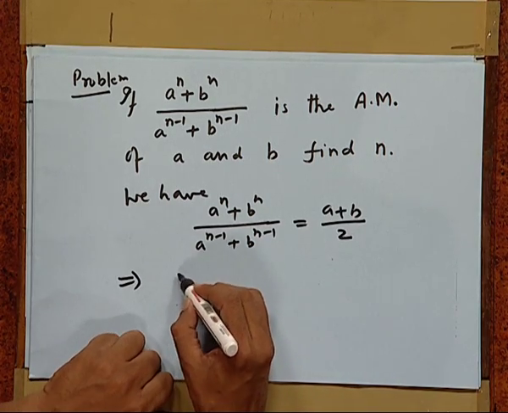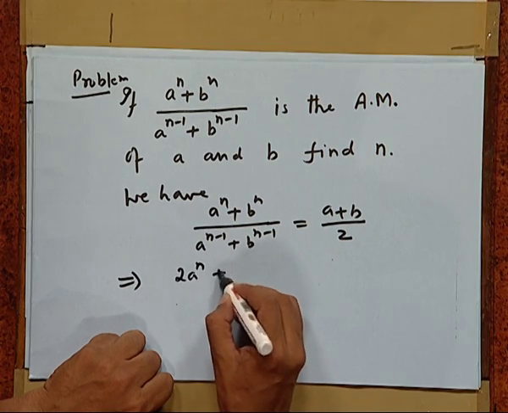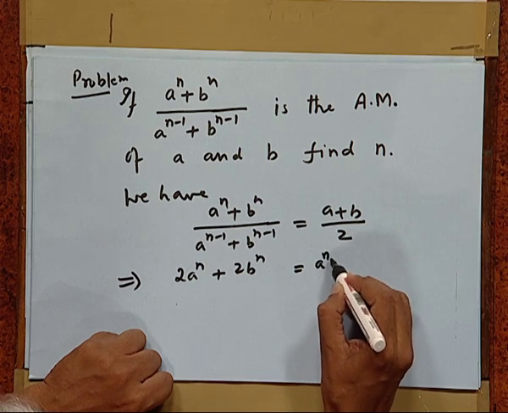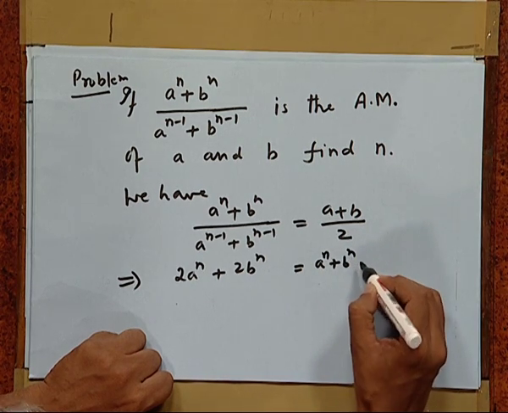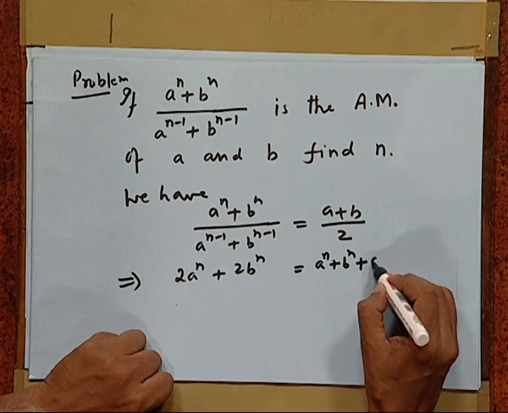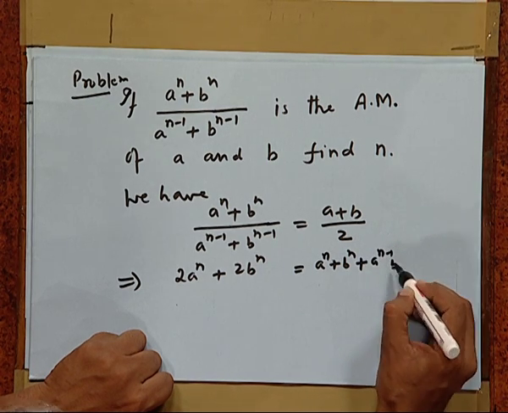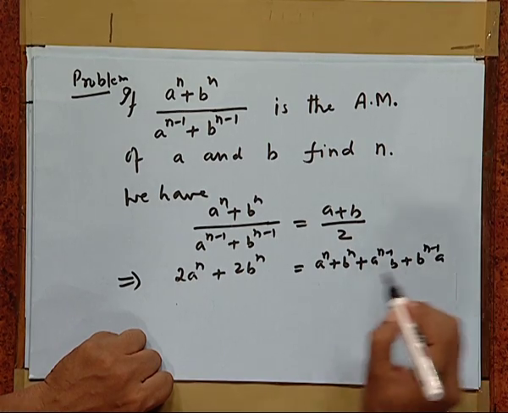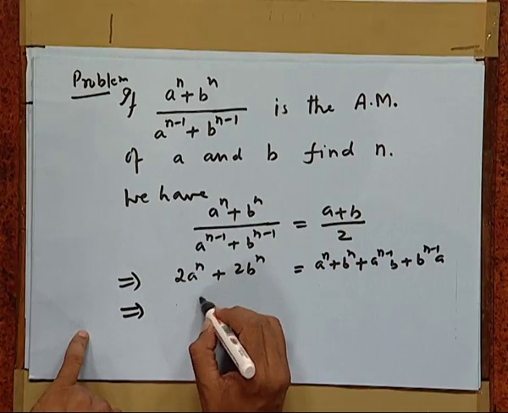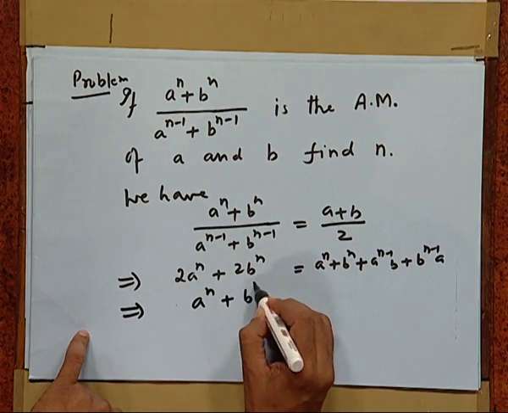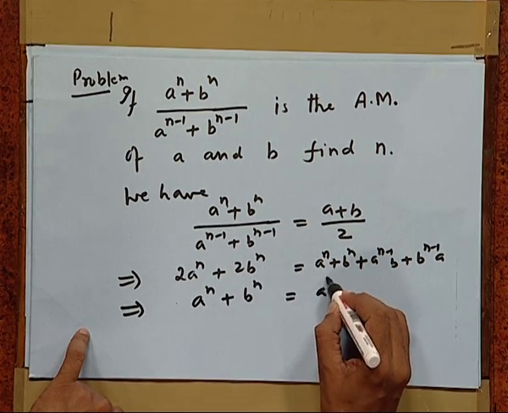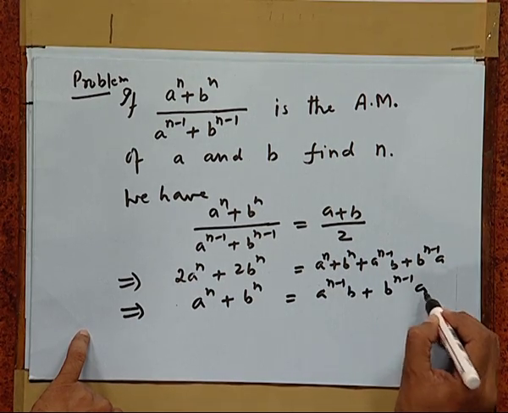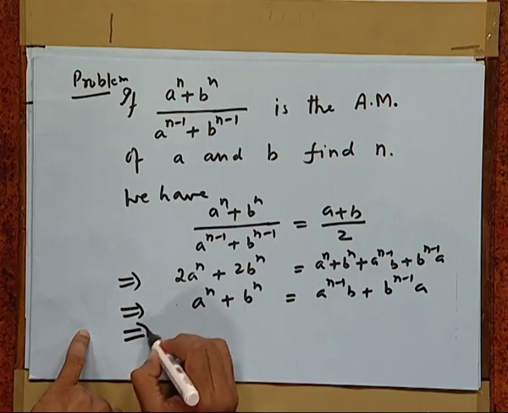This implies 2a^n plus 2b^n is equal to a^n plus b^n plus a^(n minus 1) b plus b^(n minus 1) a. Again it implies a^n plus b^n equal to a^(n minus 1) b plus b^(n minus 1) a.